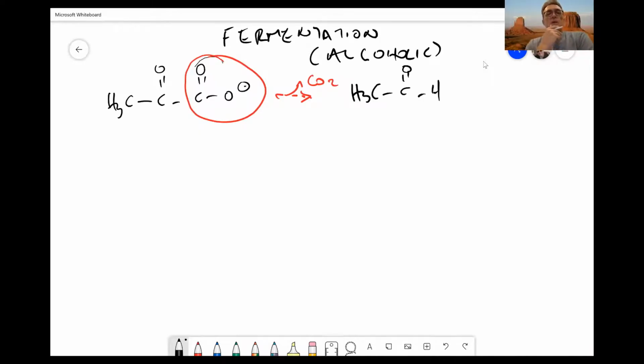All right. So let's see how that happens, because this decarboxylation reaction is very interesting, or all decarboxylations in general. You're going to see some fundamental requirements for that to happen. So let's get to it. All right, let's rewrite this.